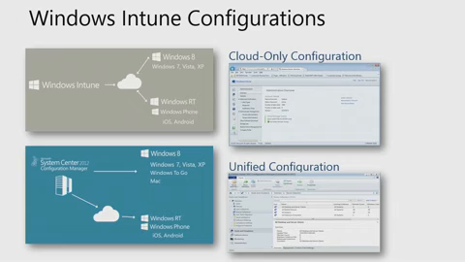So with this new release, we have 2 configurations. We have the quick, flexible Windows Intune cloud-based configuration, or cloud-only configuration. This can be deployed and has been deployed by many small organizations, and partners helping small to medium-sized businesses as well, and it has 0 requirement for on-prem infrastructure.